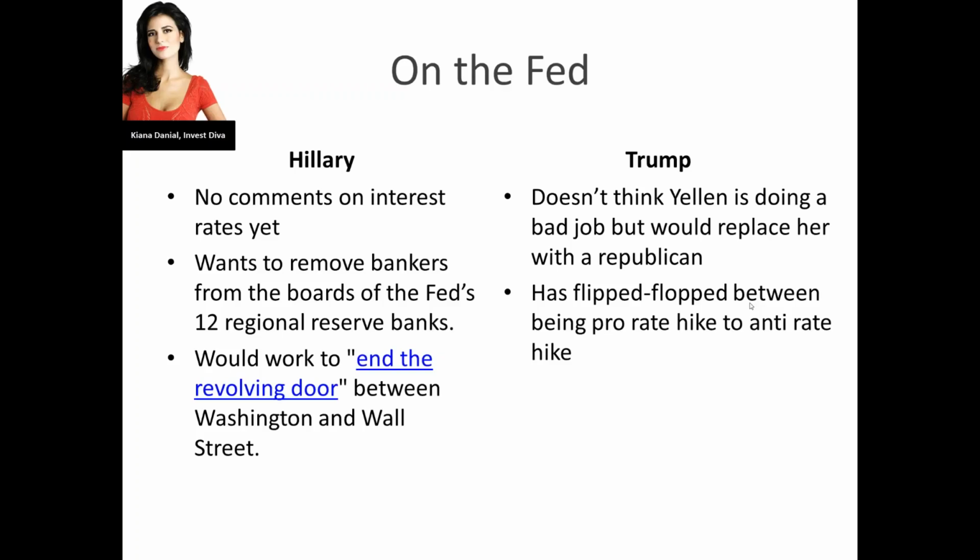Her campaign has said that if she's elected, she would appoint officials who will carry out unwavering oversight of the financial sector and defend both sides of the central bank's inflation and employment mandates. She said she would work to end the revolving door between Washington and Wall Street, but it is not clear how exactly she would do that.